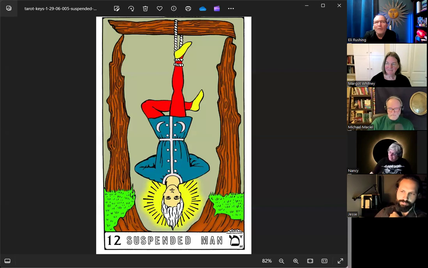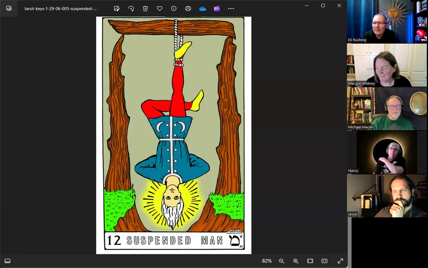So the teaching is that all desire is rooted in the self. The higher or deeper we go into the tree, the less personal our experience of what we call this world is.